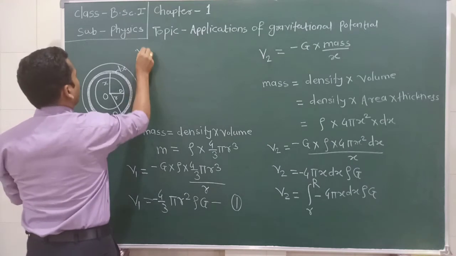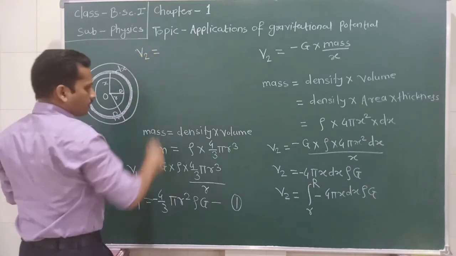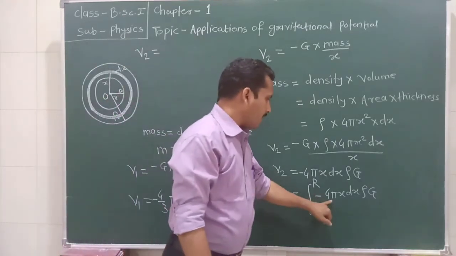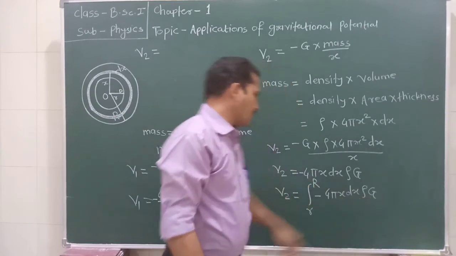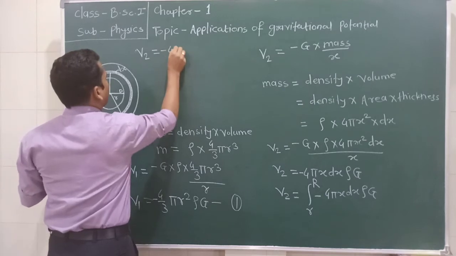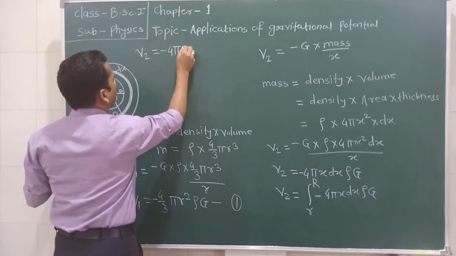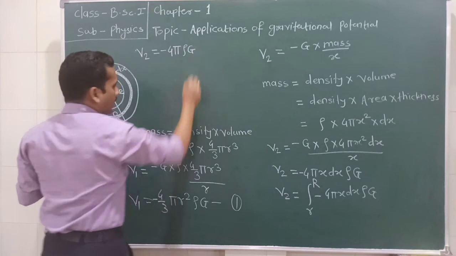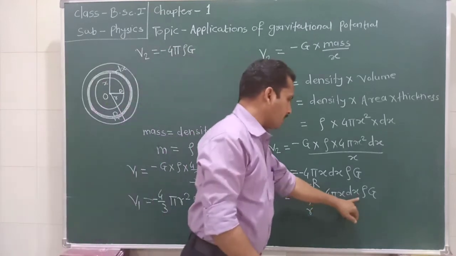So this V2 is equal to 4 pi rho g. They are constants, so we take them out of the integration sign. What is the integration of x dx?